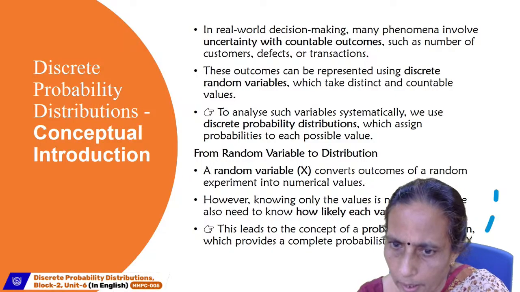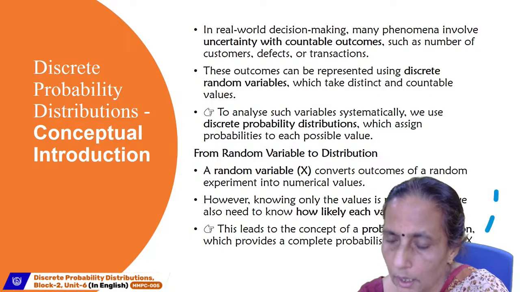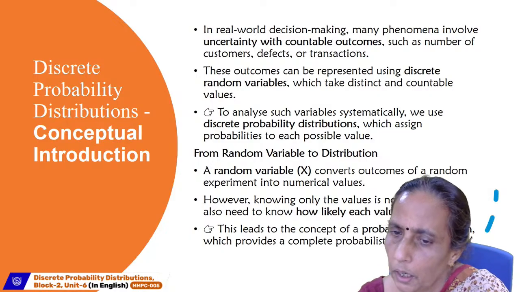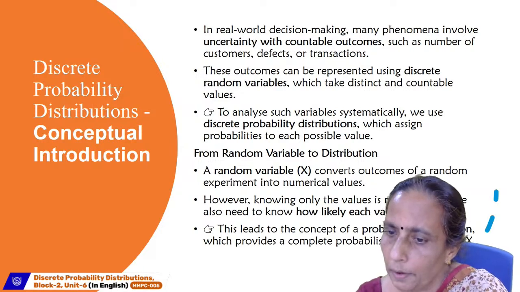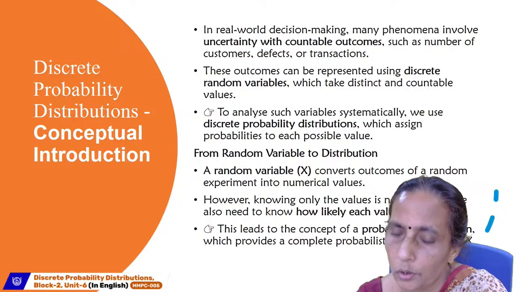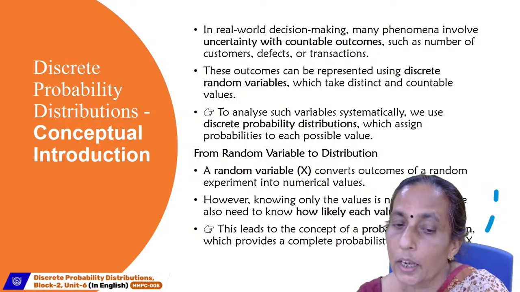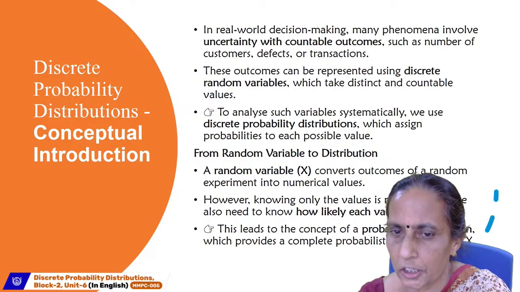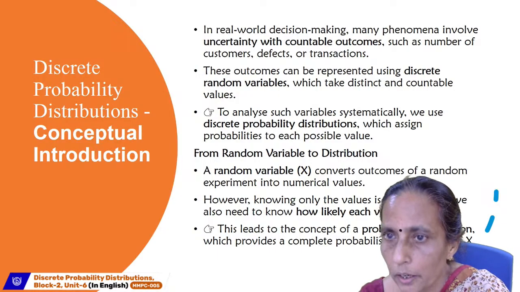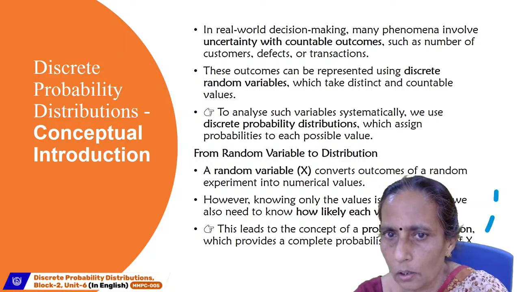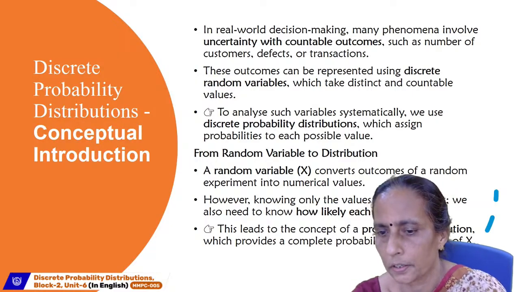That is, a random variable x converts outcomes of a random experiment into numerical values. However, knowing only the values is not sufficient. We also need to know how likely each value is. So this leads to the concept of probability distribution. Suppose I am checking a manufacturing lot for its defects.